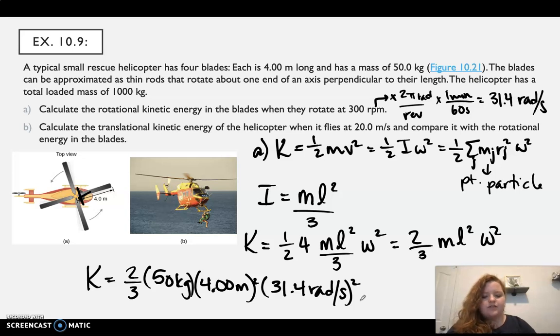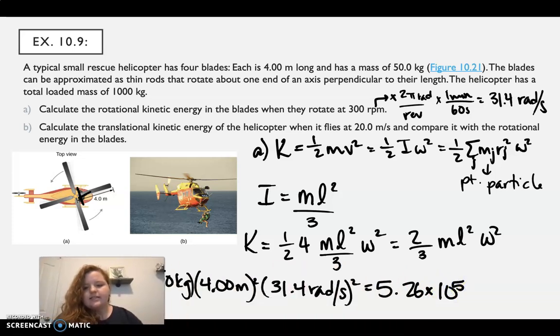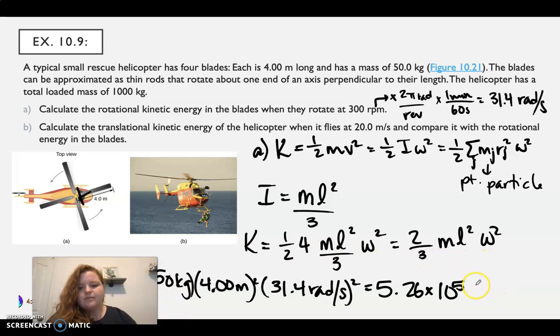So let me put all of this into my calculator quickly. Oops, times, not plus. 50 times 2/3. And I get a kinetic energy of 5.26 times 10 to the 5th joules.